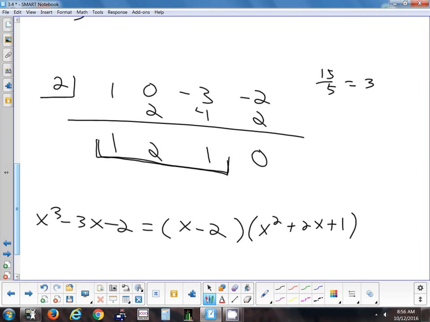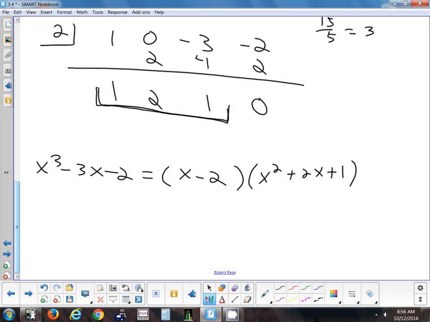And now we can factor that even further, and I think we're going to end up getting what we expected. How does x squared plus 2x plus 1 factor? X plus 1.